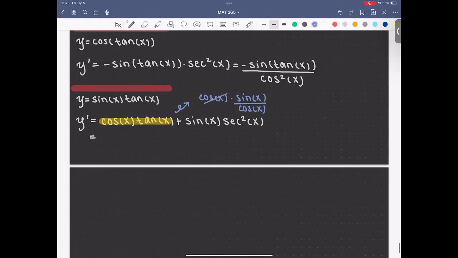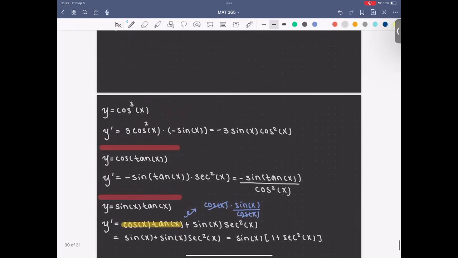So these are going to go away. All right, so here we have sine of x plus sine of x secant squared of x. And let's factor out a sine of x. So this is going to be sine of x times 1 plus secant squared of x. Let's see what the answer gives us and see if we can fit it into that form.